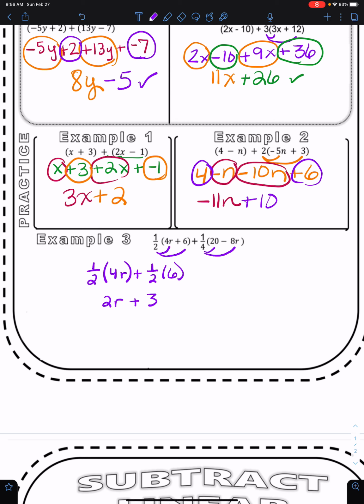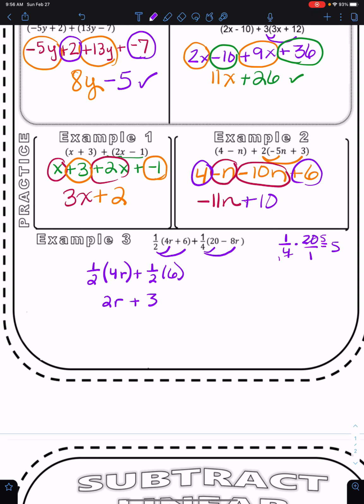For the 1/4, we're doing 1/4 of 20. If you aren't sure what 1/4 of 20 is, you can just divide 20 by 4. That's doing 1/4 of something. Or, no shame in working it out on the side, right? You can do 1/4 times 20 over 1, which is going to be 20 divided by 4, or maybe you cross cancel.